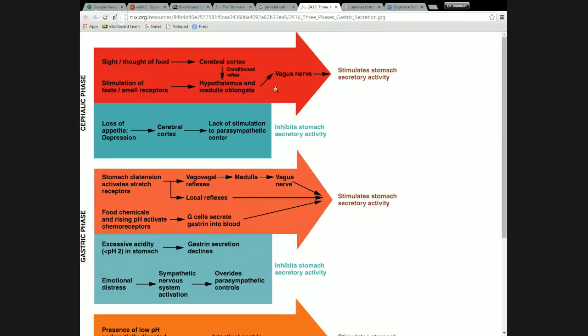Okay. Which is basically to say, if you see, think, or smell or taste food, I suppose if you hear fajitas sizzling on a cast iron grill, whatever, those things that clue you into food being present are there to get the stomach started so that you're ready to digest the food. Chances are, if you're seeing or smelling or hearing food, you're going to be eating it soon.